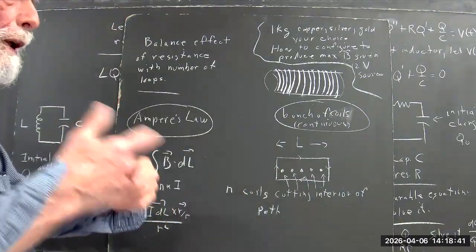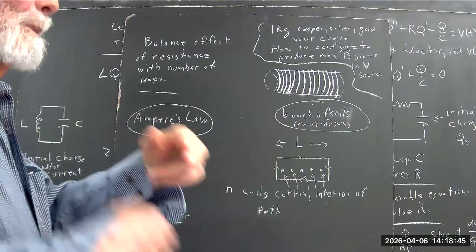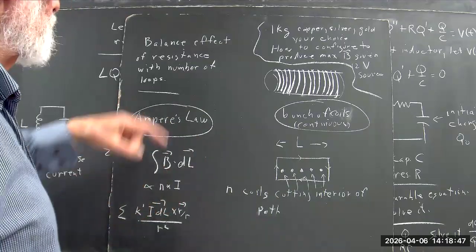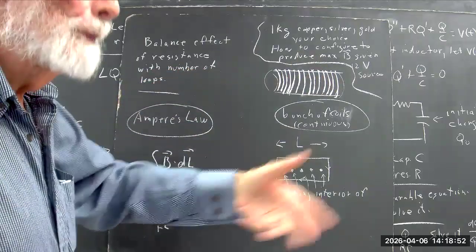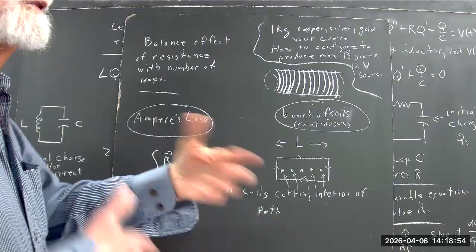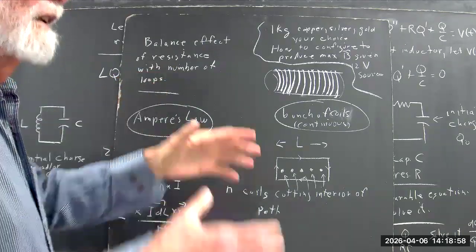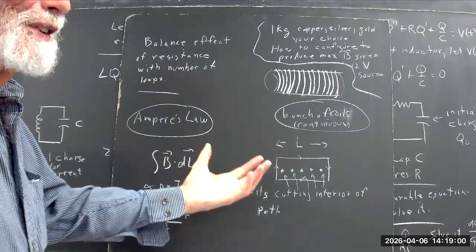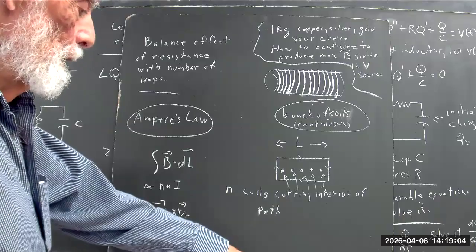Whereas if you divide it into a bunch of loops, I mean, draw it out into a long wire and make a lot of loops, well, resistance is going to go up, so the current's going to go down, but you're going to get more loops, so the more loops is going to tend to give you more field, and the more resistance is going to tend to get you less current. So how does that balance out? So this is a very interesting problem.